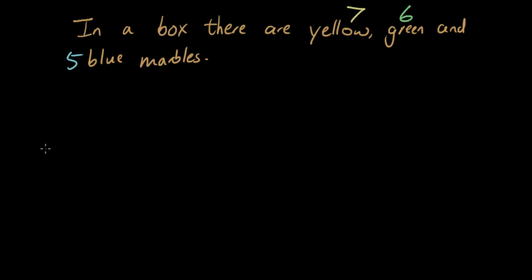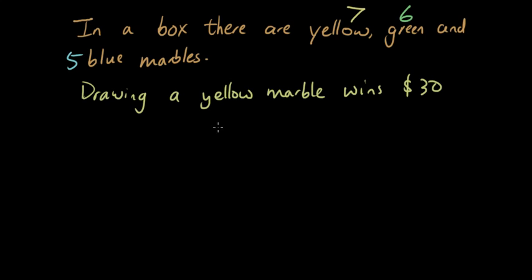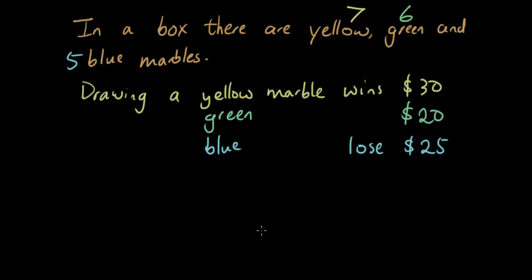Now, let's say if you draw out a yellow marble, you get $30. If you draw out a green marble, you win $20. And if you draw out a blue marble, you will lose $25.